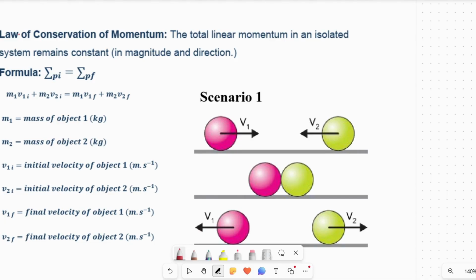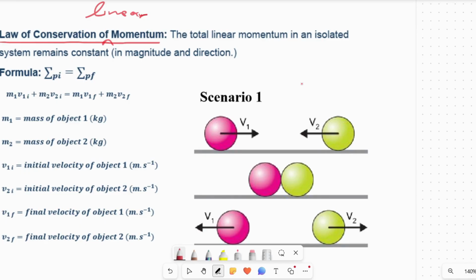When we're looking at this, we apply the law of conservation of linear momentum. I must rectify this: we are focusing on linear momentum because it's momentum on the same plane. That's why we say it's linear momentum.